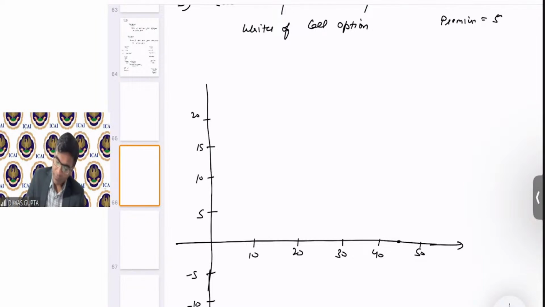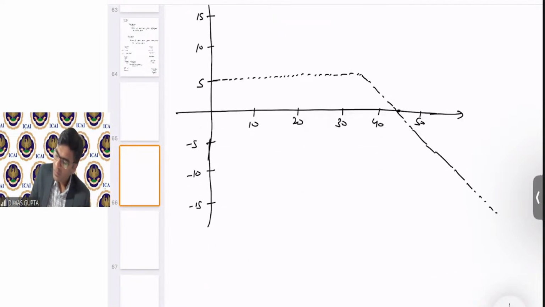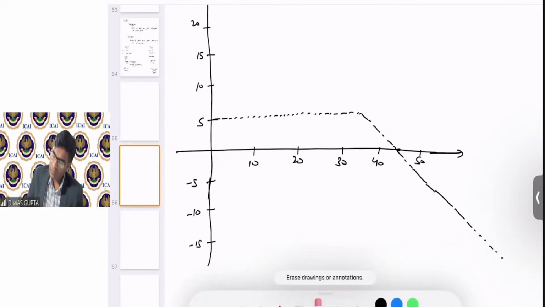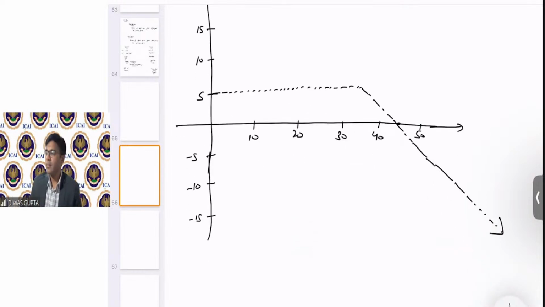So the loss will be unlimited. However, the gain is limited.